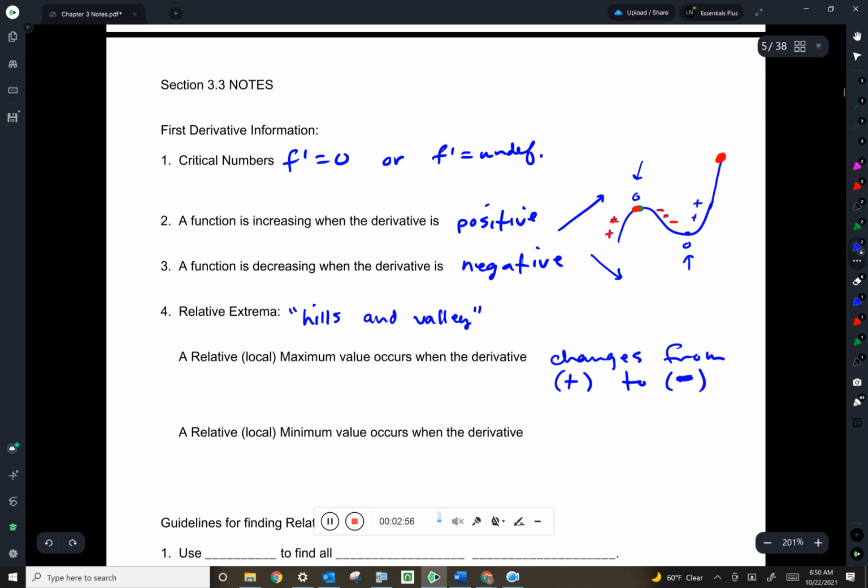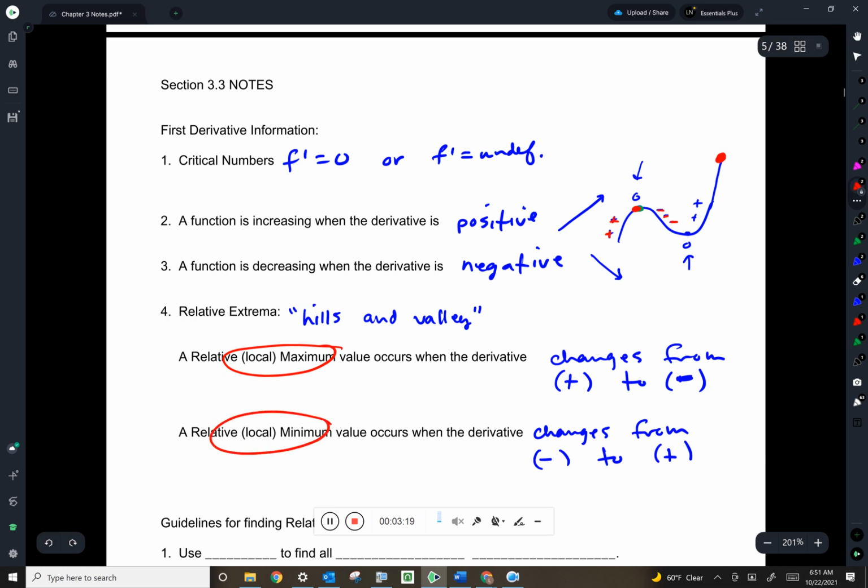And similarly, a relative min occurs when the derivative changes from negative to positive.